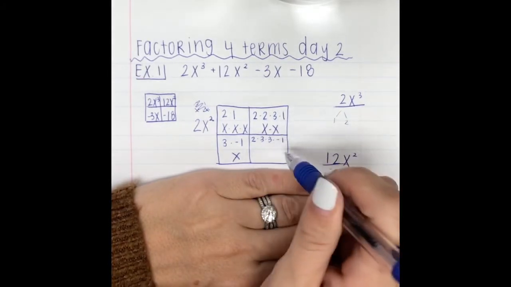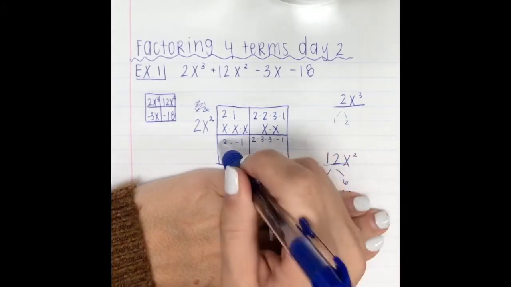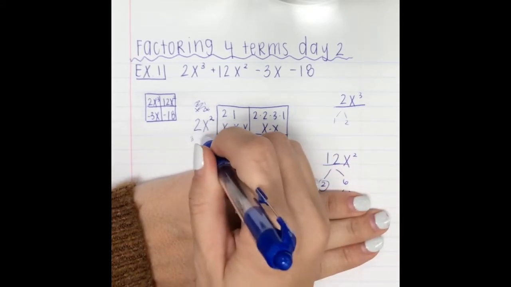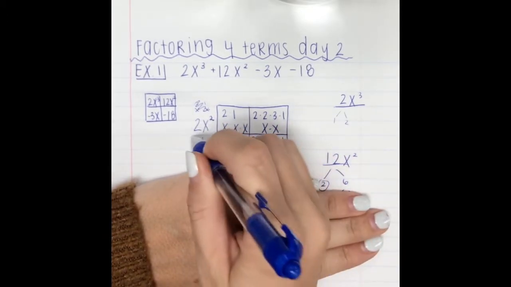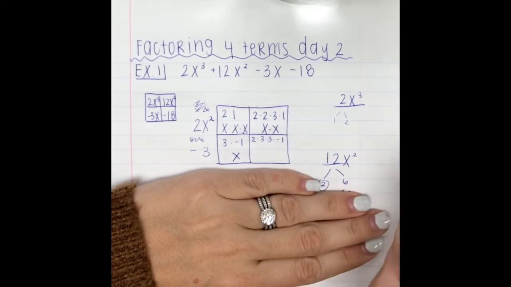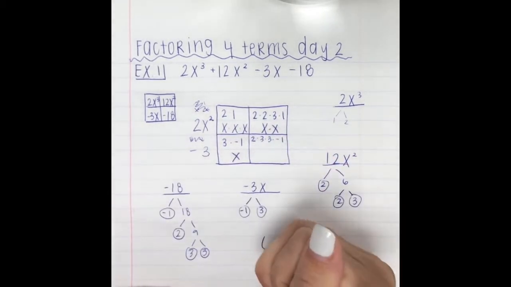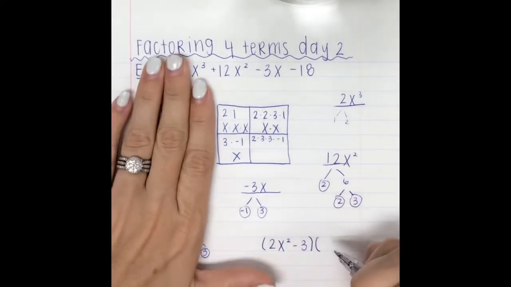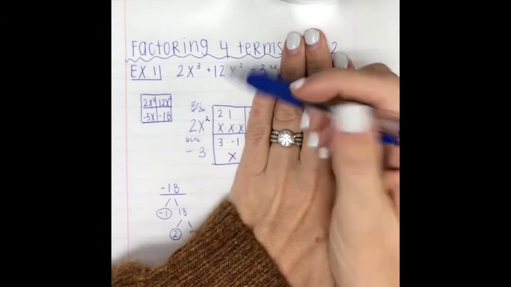This next row, both have a 3 and a negative 1. Okay, so 3 times a negative 1 would give us a negative 3. So that is our first factor. I'll go ahead and put that answer down here. 2x squared minus 3. And then we're going the next direction.